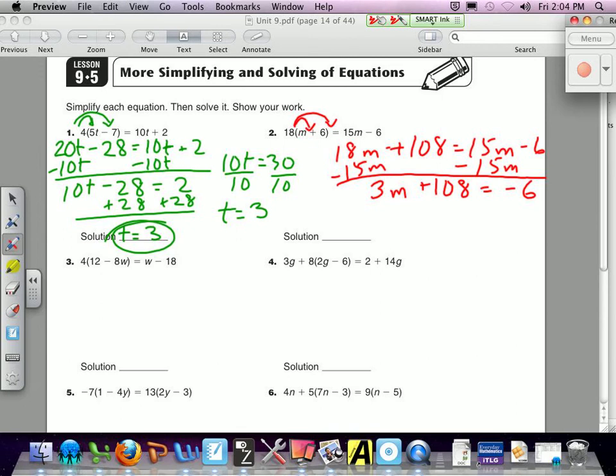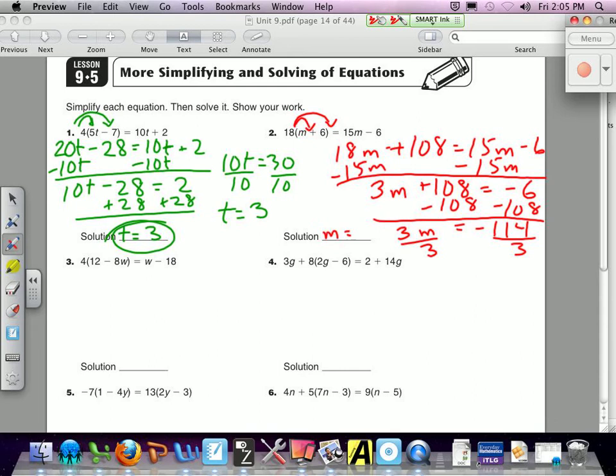Then I need to get rid of this stuff hanging around my variable, typically in the opposite order as your order of operations. So I'm going to get rid of the adding of 108 by subtracting 108 on each side. So 3m equals negative 114. Divide by 3 on each side. My solution is that m equals negative 28.